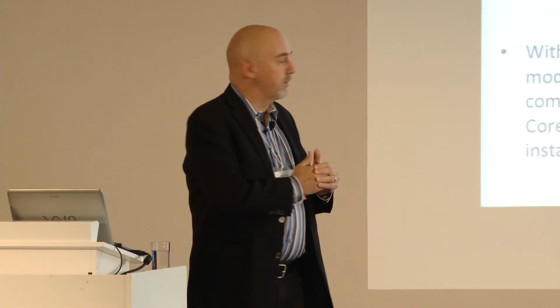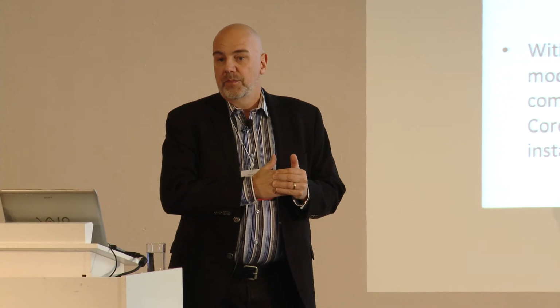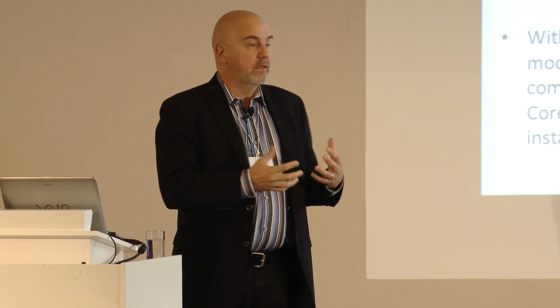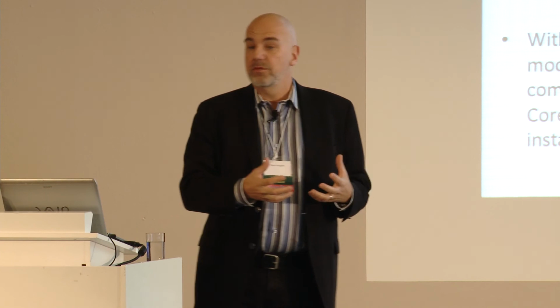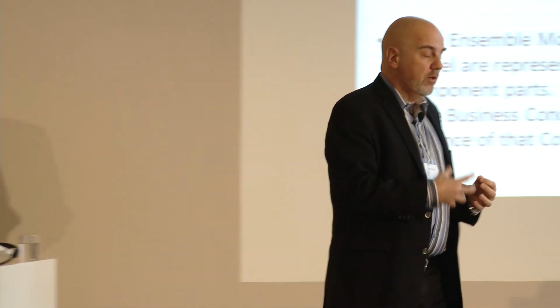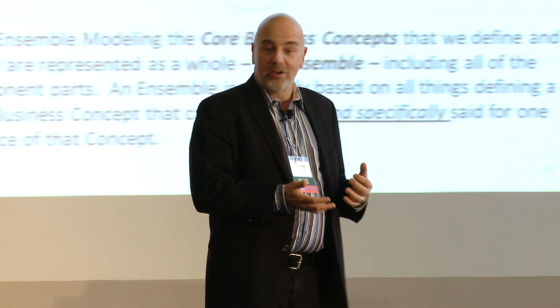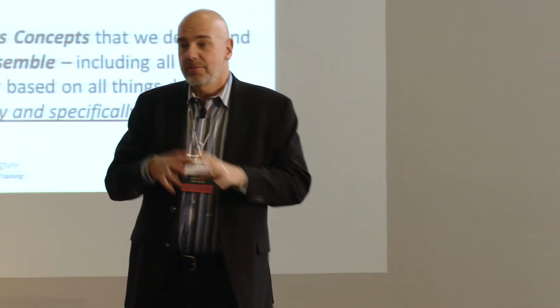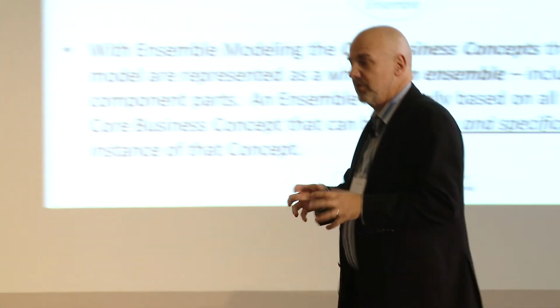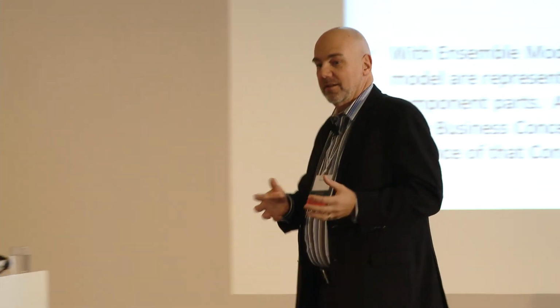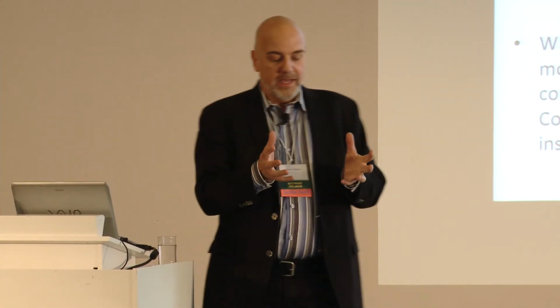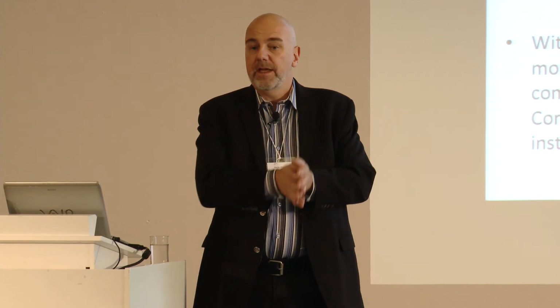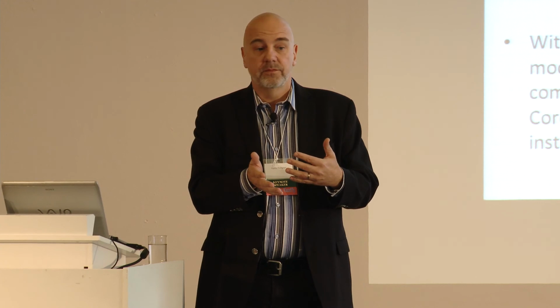I can tell you there's something magical about that, because it not only helps us understand how to model an ensemble form, whichever form, but it also helps us understand when we've done something wrong. If we have an ensemble defining a concept, like a customer, and you were to take all those parts and bunch them back together logically, would the resulting table form be in third normal form?